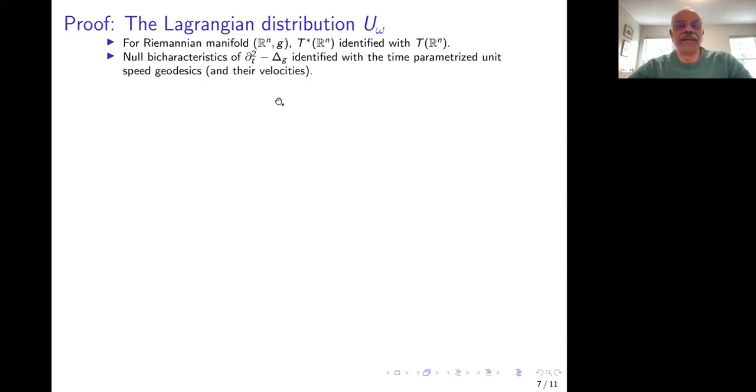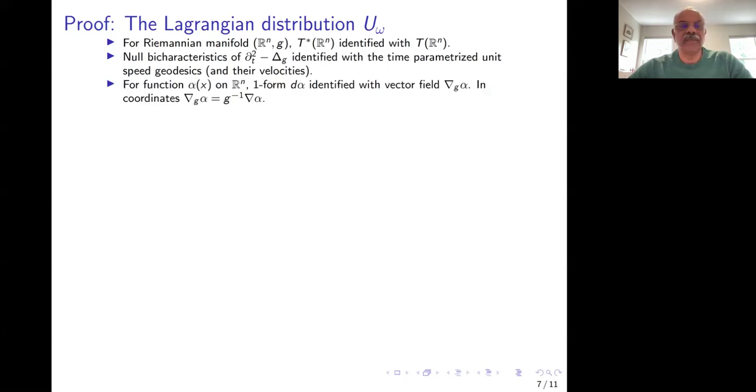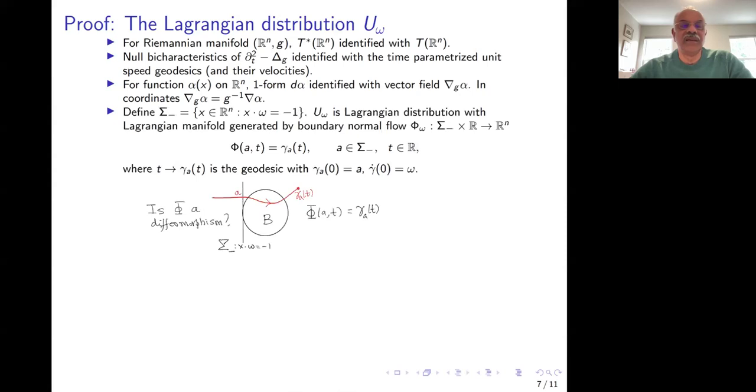So we'll always make that identification. Also, if you have a function alpha on R^n, then the one-form d alpha can be identified with a vector field coming from this Riemannian metric G, and that's the relationship. So we'll make this identification.